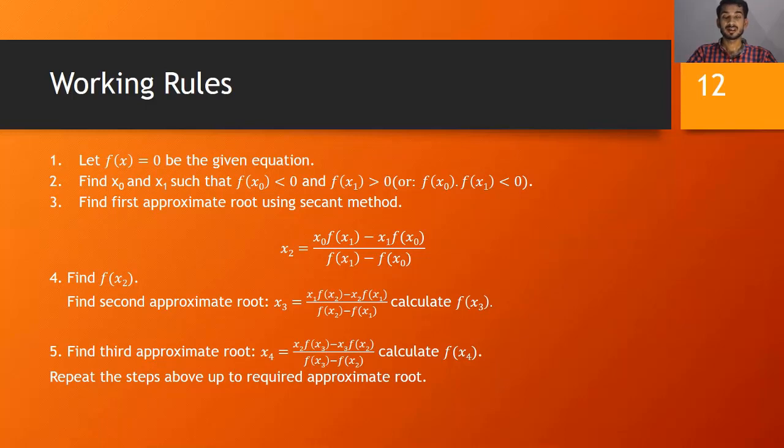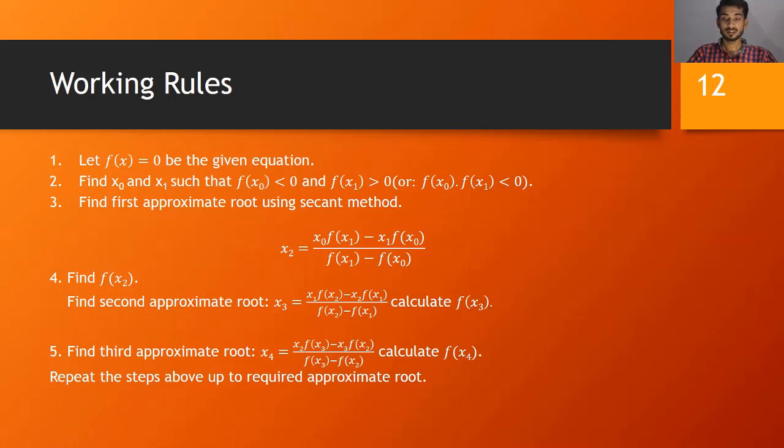Rule number 3: find the first approximate root using the secant method.